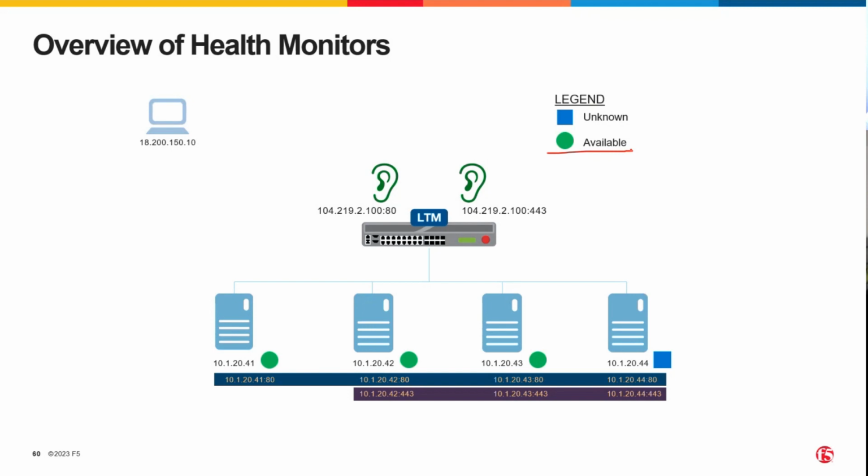Still, does it mean that my application is running fine? Maybe I'm using an ICMP health check. So I ping my backend server, but the web server is down, or my Apache or Nginx or database is dead, whatever.